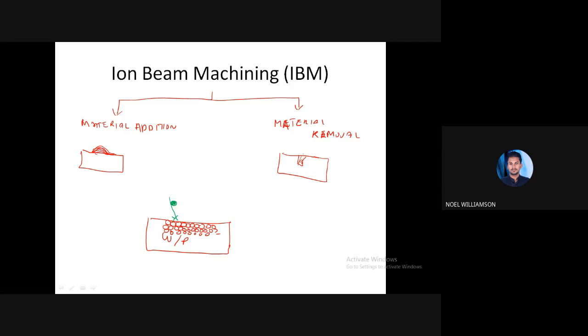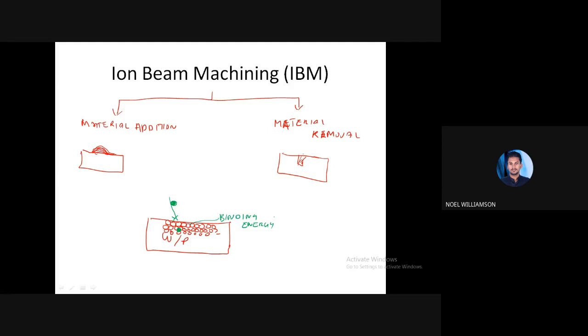What happens is this particular atom will move into the depth, and it will dislodge these atoms from here. There is a particular binding energy between the atoms here, which is the energy that holds the material together.